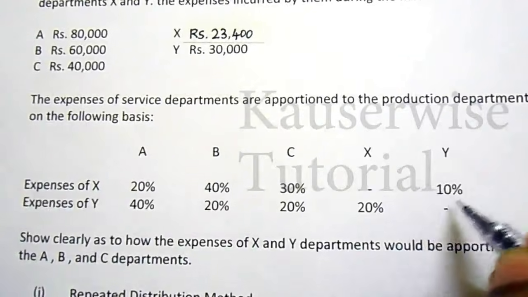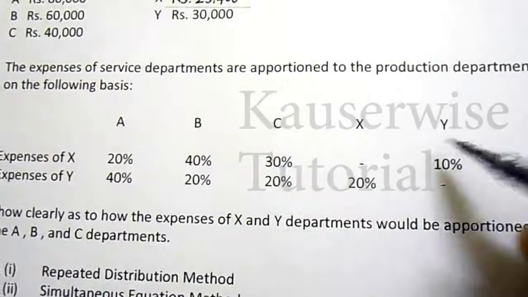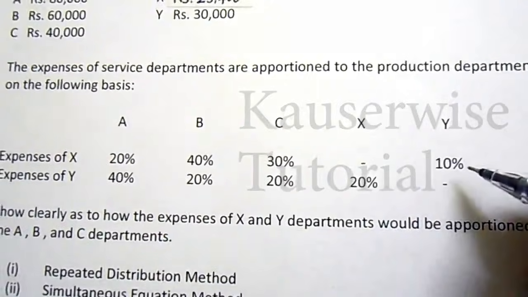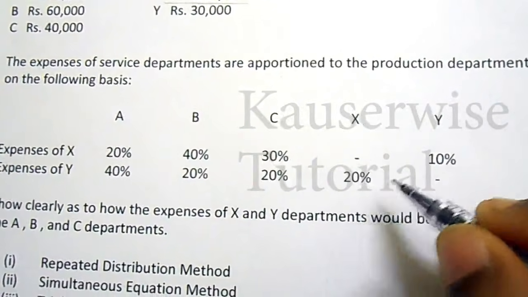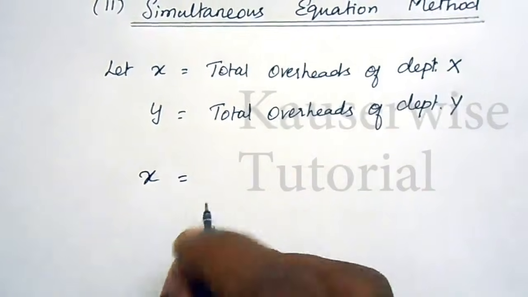Now you need to convert the percentage into numbers. In order to convert percentage into numbers, 10 divided by 100 is equal to 0.1, and 20 divided by 100 is equal to 0.2. Now form the equations.